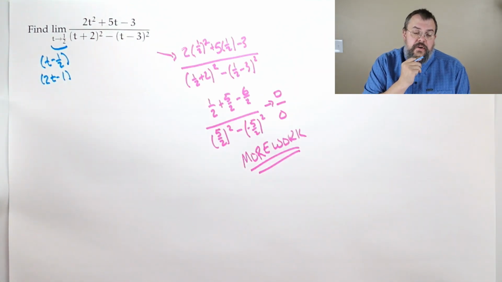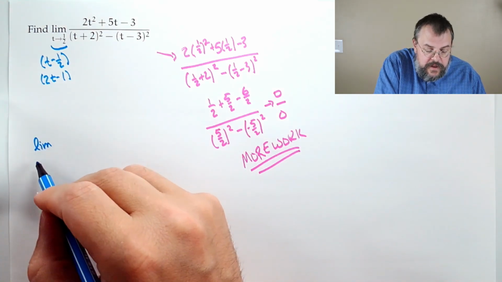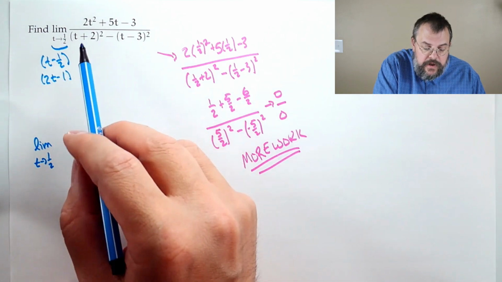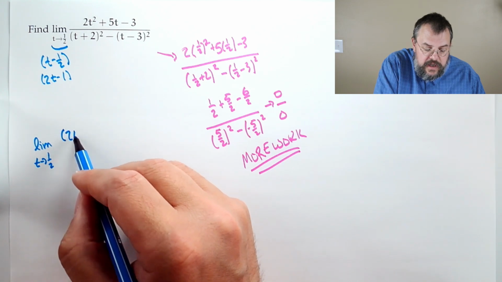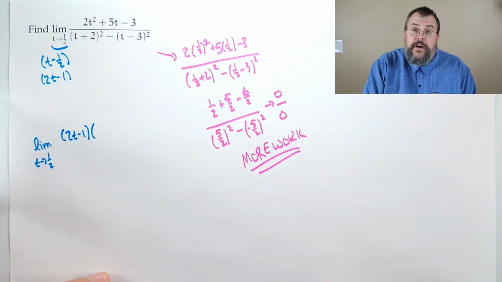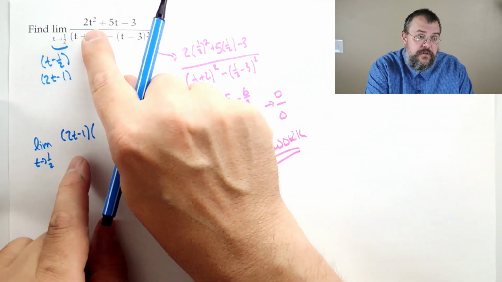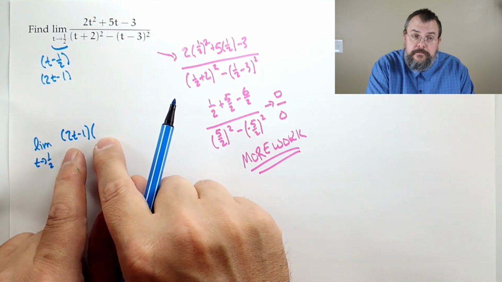All right, so let's think about it. On the upstairs, what do we have? We have the limit as t goes to 1 half. Well, we know one of our factors will look like 2t minus 1. Now our other factor. Well, let's think about what we need. I have a 2t squared. I have a 2t. 2t times what gives me 2t squared?